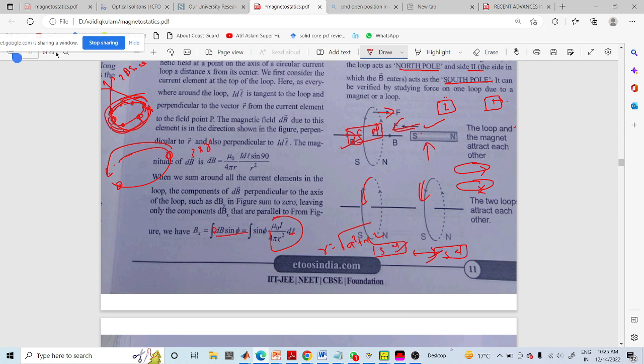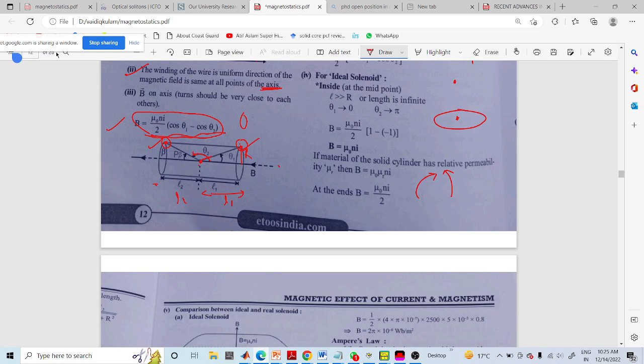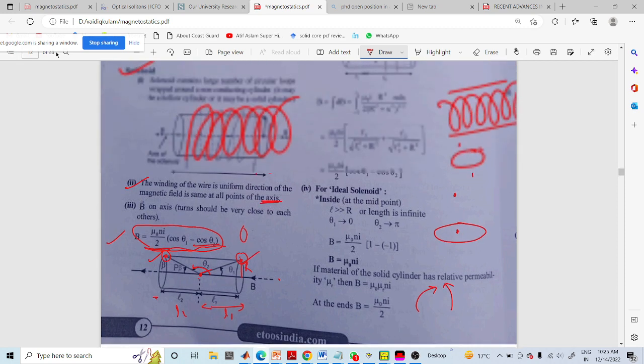Just write dl, and if you integrate dl overall, dl is 2 pi r, so 2 pi r cancels out, and mu naught will remain, and the integration of sine phi is going to be cos phi, right? So the same result is here in another way: mu naught n i by 2 cos theta 1. There are two terms here, one because of this loop and the other because of that loop, right? Same result is here.